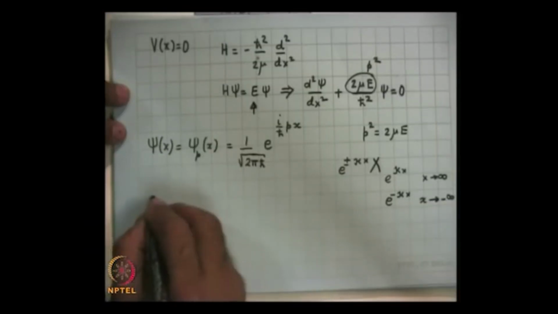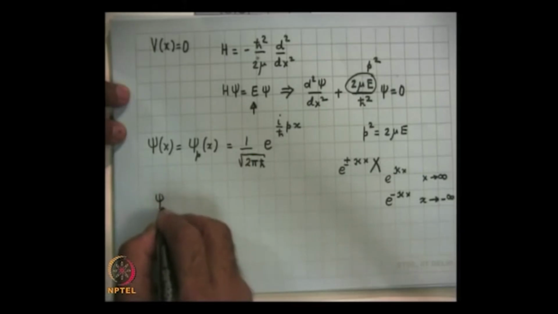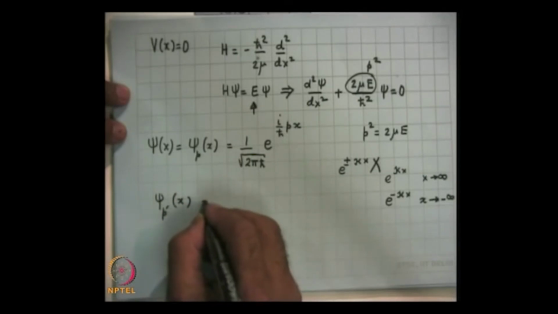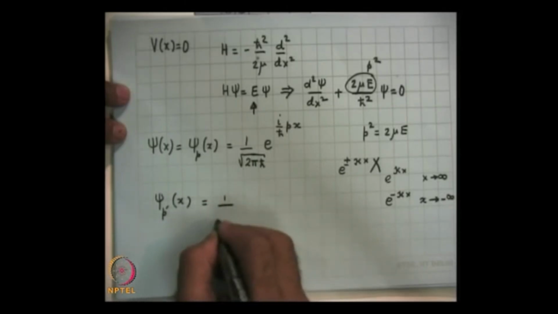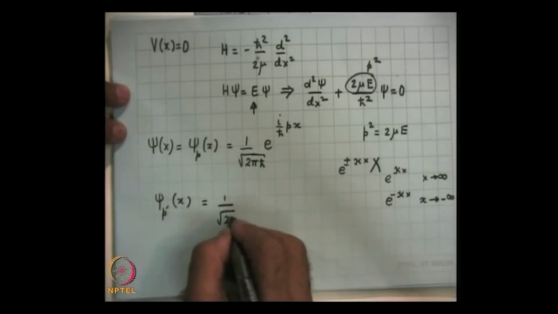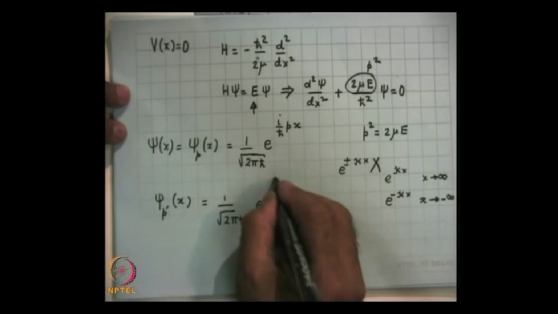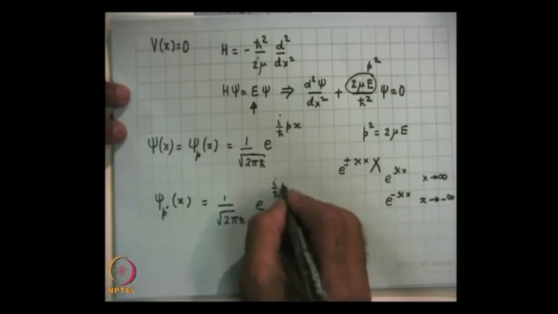If you work this out, psi p prime of x will be equal to 1 by root 2 pi h cross e to the power of i by h cross p prime x.